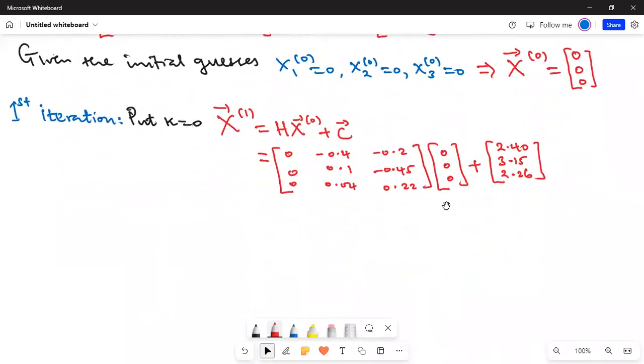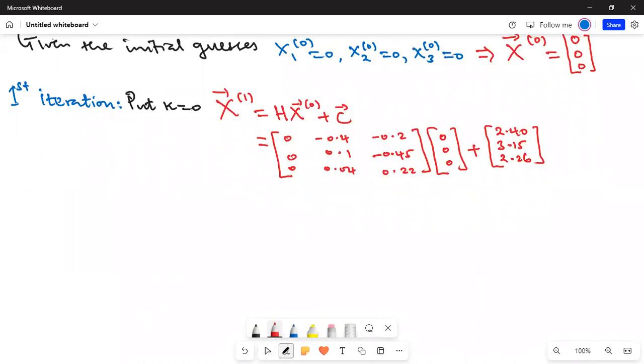When you work this out, you need to get your answer to be 2.40, 3.15, 2.26. What do you mean by those values that you have just found?